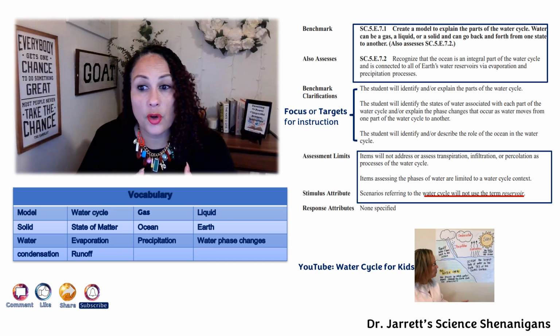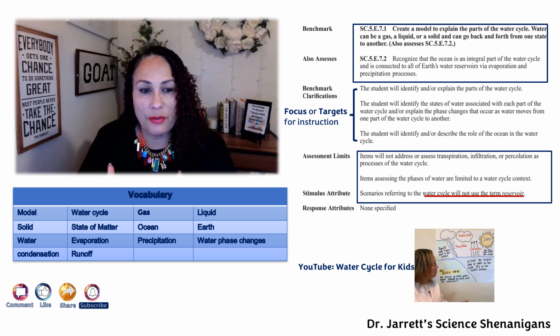Let's talk about the vocabulary for this benchmark. The vocabulary is model, water cycle, gas, liquid, solid, state of matter, ocean, earth, water, evaporation, precipitation, water phase change, condensation, and runoff. The students are going to have to understand the phases of the waters changing, and that is also a state of matter.